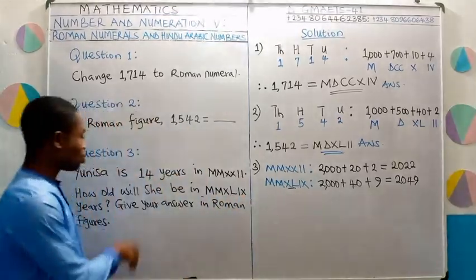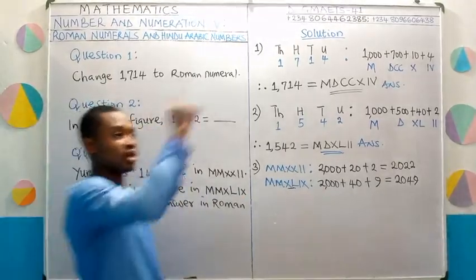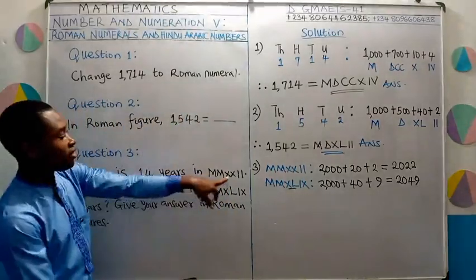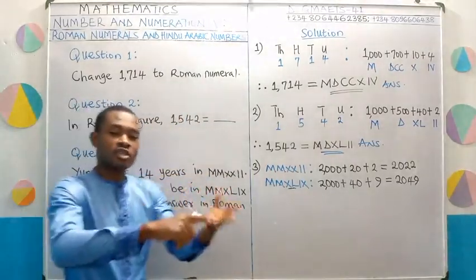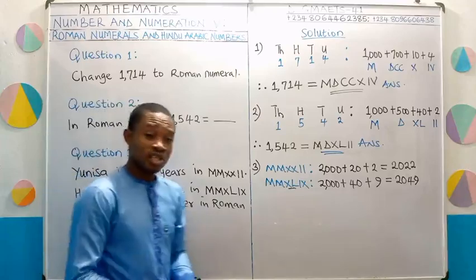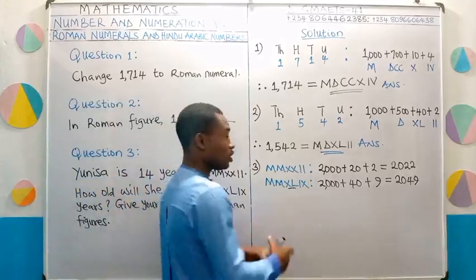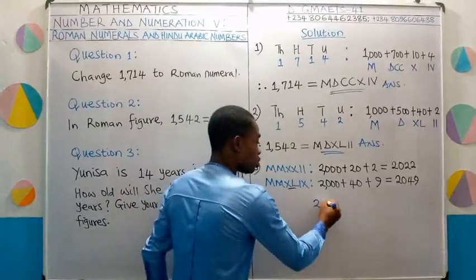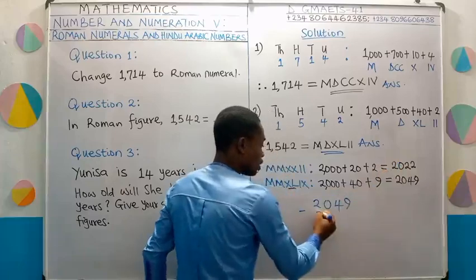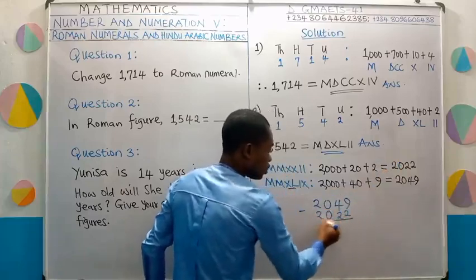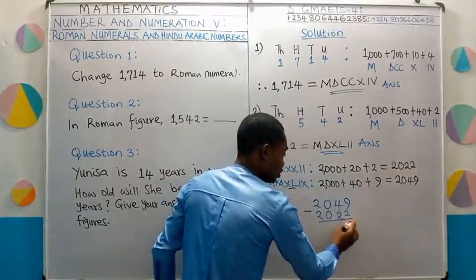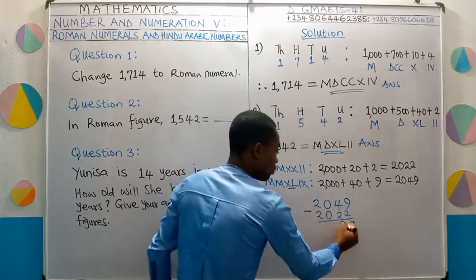In 2022, Unisa is 14 years. In 2049, how old will she be? So if you like, you can start counting from here, 14, 15, 16, 17, until you get to 2049. But that is punishment. This is what you need to do quickly. Are you following? Do your subtraction: 2049 minus 2022. 9 minus 2 will give you 7. 4 minus 2 will give you 2.